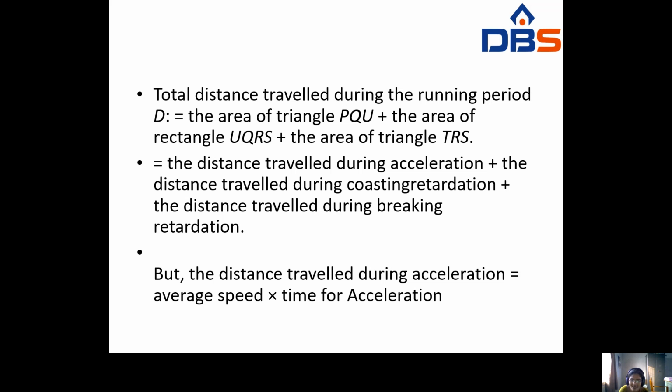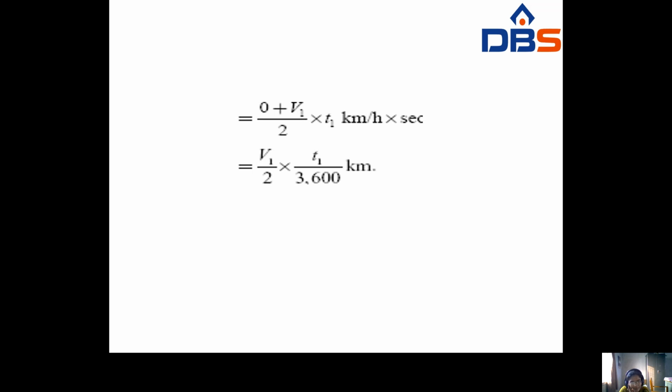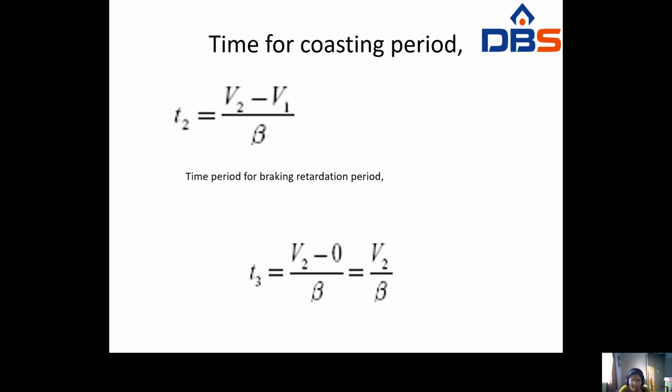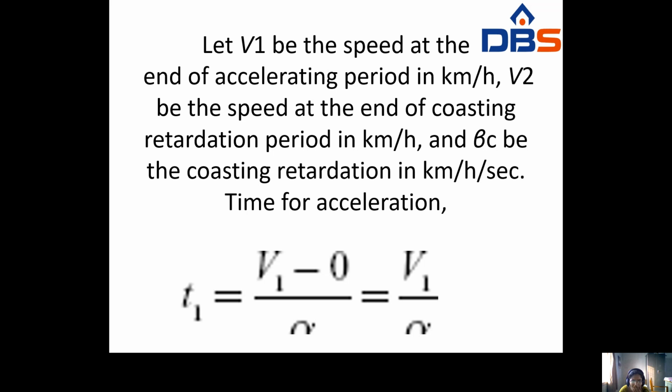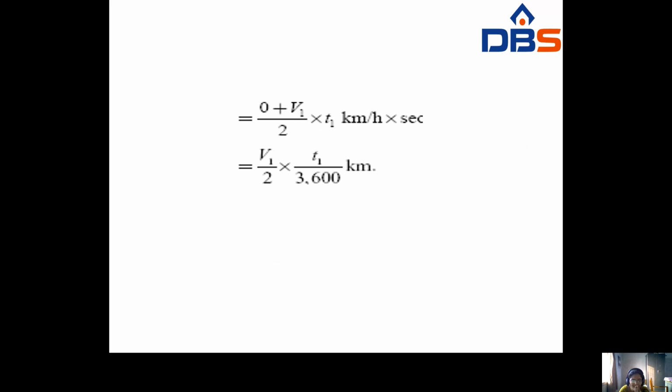See here, the distance traveled during the acceleration equals average speed into time for acceleration. So what is the average speed here? You can calculate it as before. In the acceleration period, the train starts with 0 speed and reaches the maximum V1 in time T1.